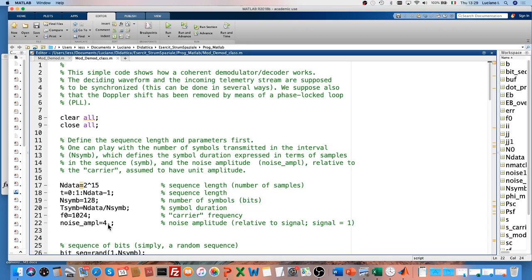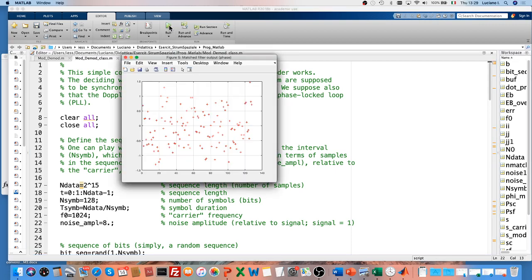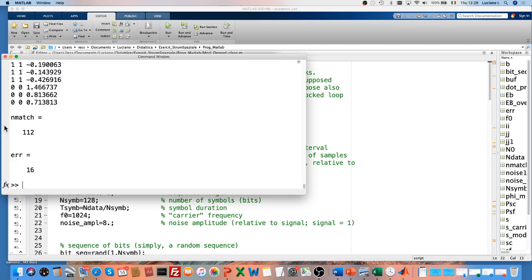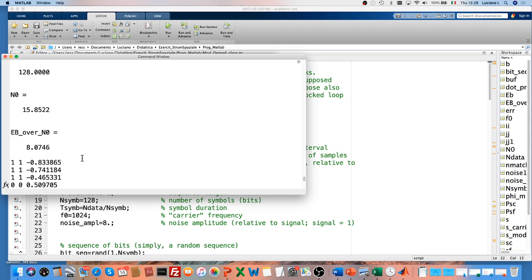Okay, so with amplitude 4, this is the situation. If we go to amplitude 8, for example, so a large noise, we expect a much worse situation. Let us run the code, and now you see we expect a large number of errors. In fact, the errors are 16, and the energy per bit here is only 2.